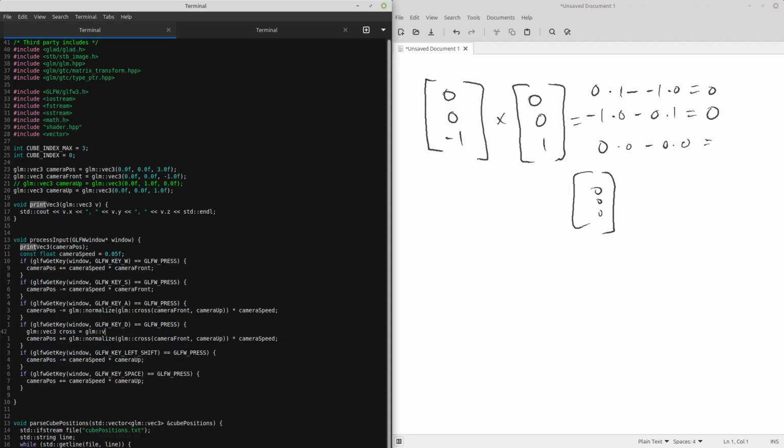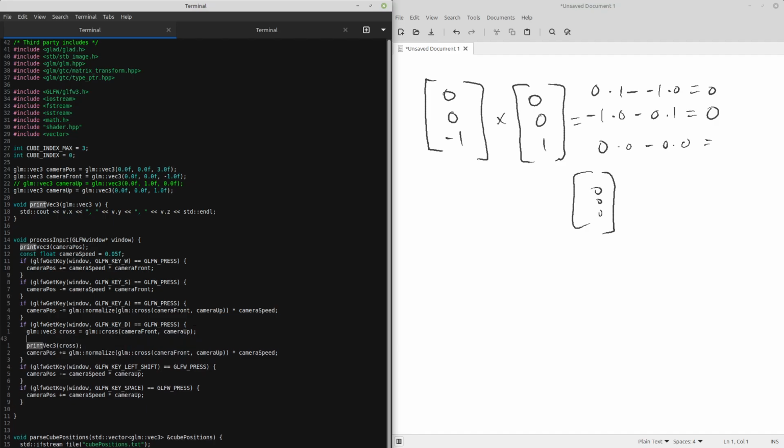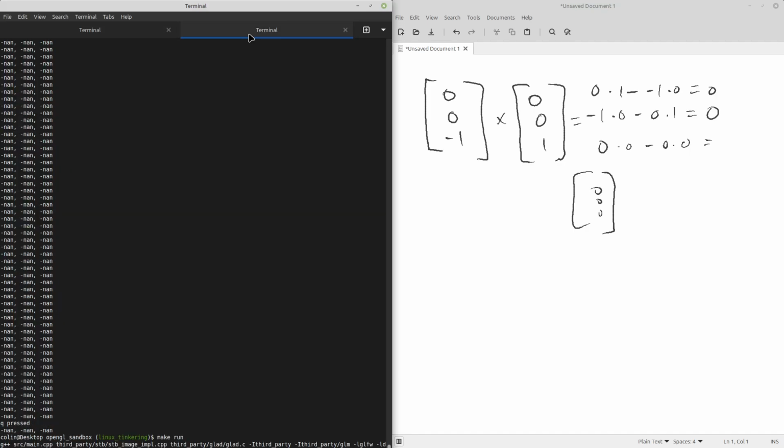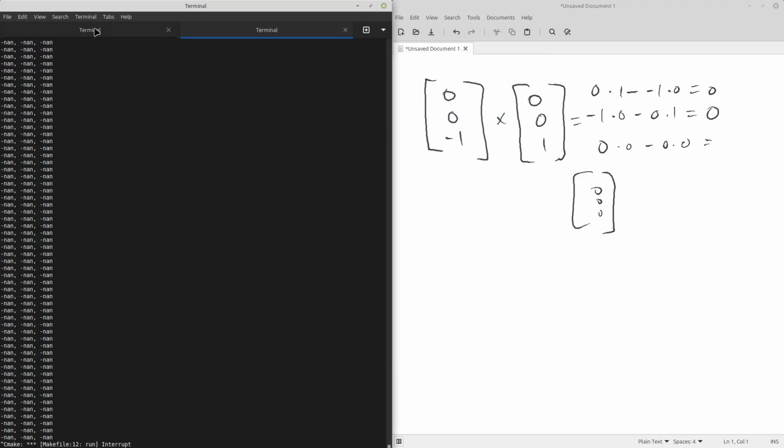I can't type. So we go left or right. Oh, well, that's going to be an issue.